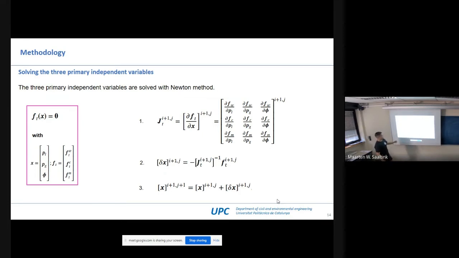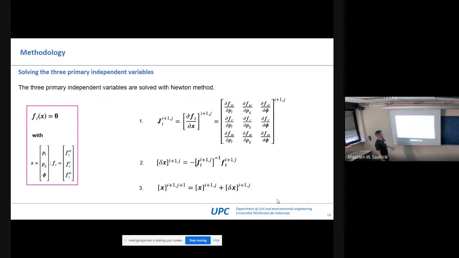In the same way, we solve it with the Newton method. We first get the Jacobian matrix of this function, we get the dx, and then we update, and we do this iteratively until dx becomes very small.